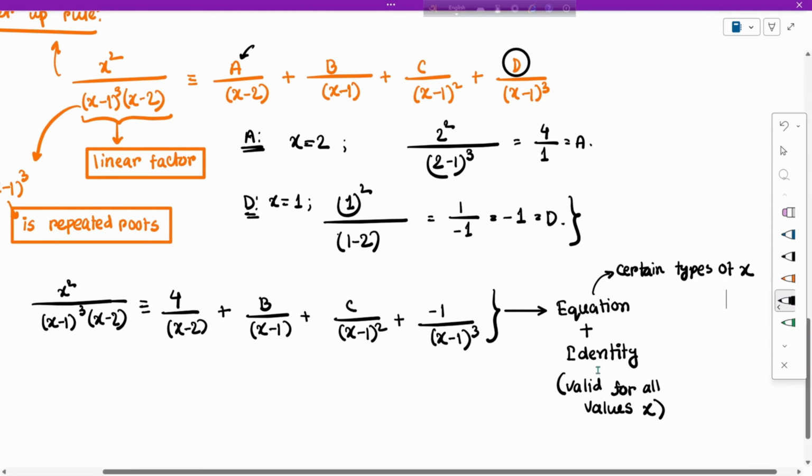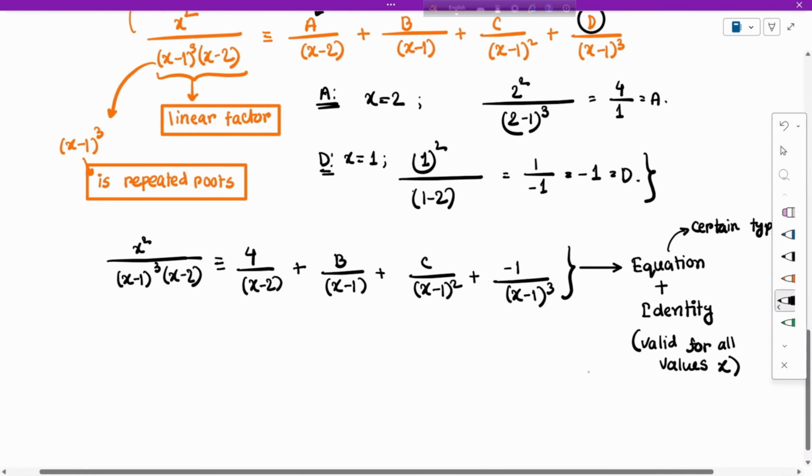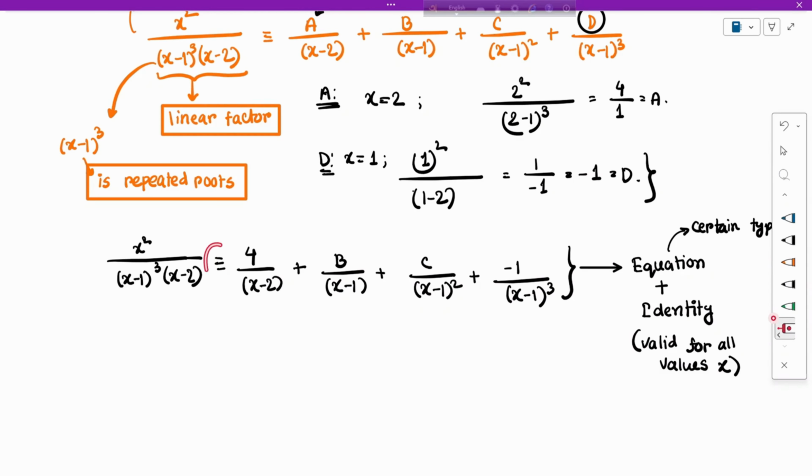As this is an identity, which we have denoted by writing a triple line there, we can input whatever x we want in this equation, and then we can get valid values for the unknowns b and c.